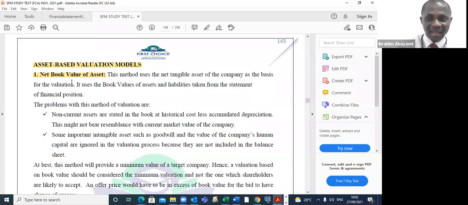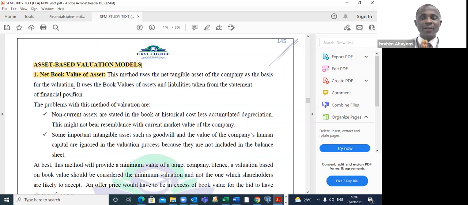So your capital is owner's contribution. Simply put, your capital represents your equity, for instance, and your liability represents your borrowed fund. So equity plus liability gave you your total capital, so your total capital must be equal to your total asset.